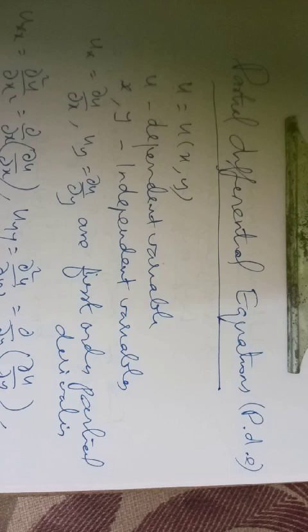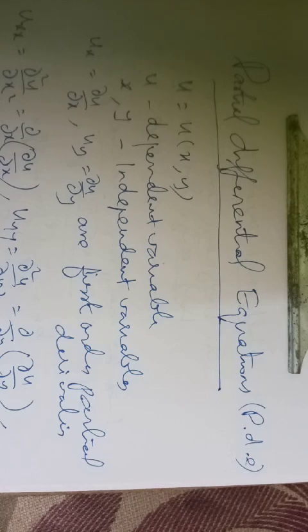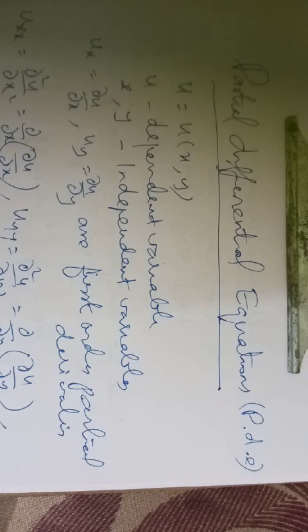Dou u by dou x. That in short you can write dou square u by dou y dou x. Okay. Then uxy notation means dou square u by dou y dou x, first with respect to x, then with respect to y. Here uyx means first with respect to y, then with respect to x. That is dou square u by dou x dou y. These are all called second order partial derivatives.